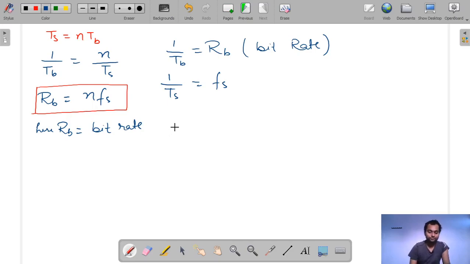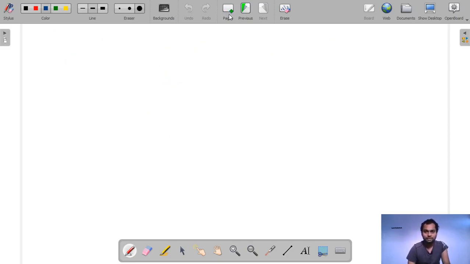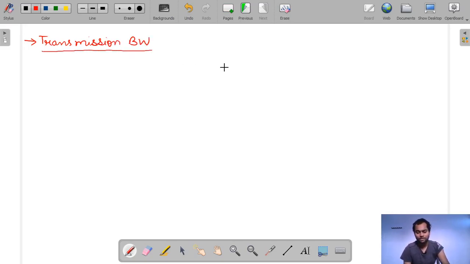So now let's come to the transmission bandwidth formula. What is transmission bandwidth? Transmission bandwidth is the bandwidth required by a symbol before transmission. So let's suppose the message signal m(t) is given.